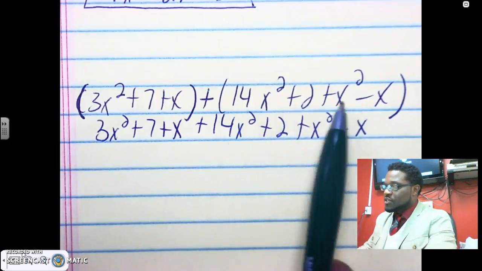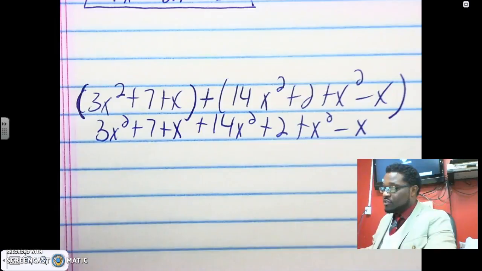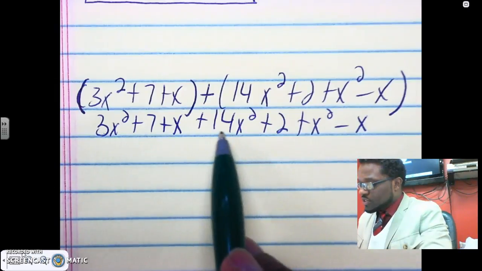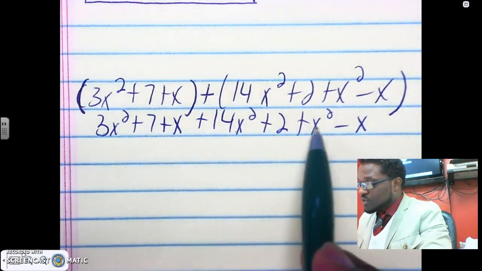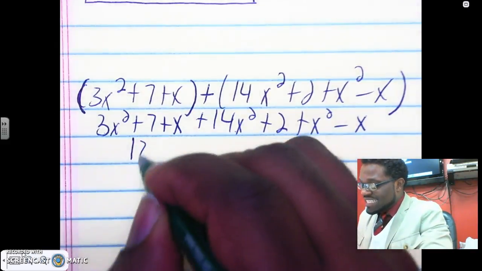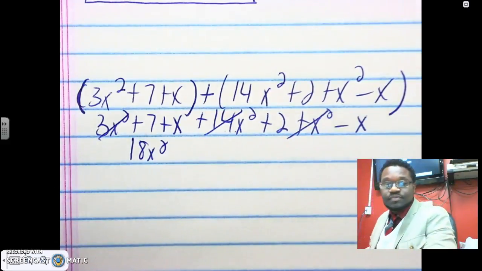Now, somebody could have noticed that those 2 right there are like terms, and you can combine those. Sure, you could. You could have done that right at the beginning, but I didn't. 3x squared plus 14x squared plus 1x squared, so that's 17x squared plus 1x squared is 18x squared. So I'm done with those. Now what's next?